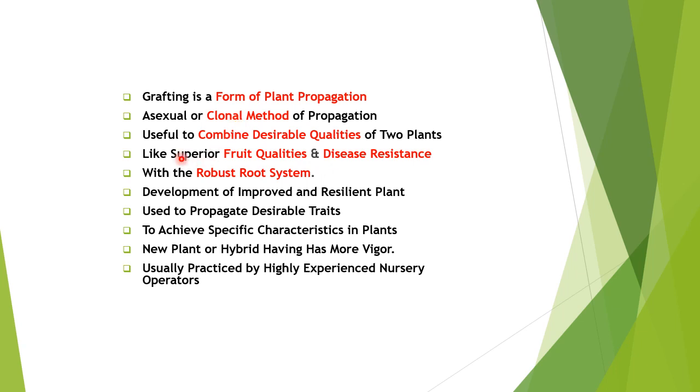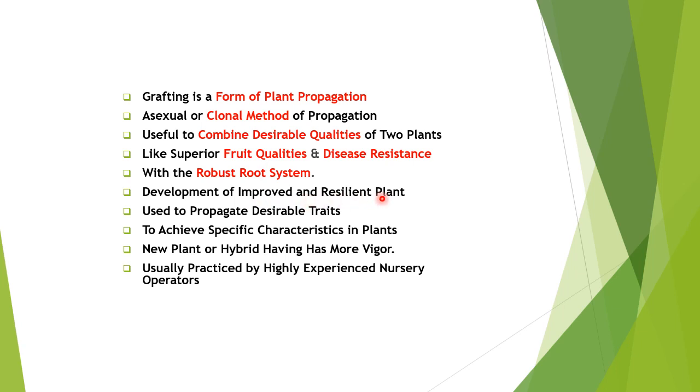Suppose you find superior fruit quality in one plant, and disease resistance and a robust root system in another. What you will do is take this part as a scion and this as a stock. So it is the development of an improved and resilient plant.